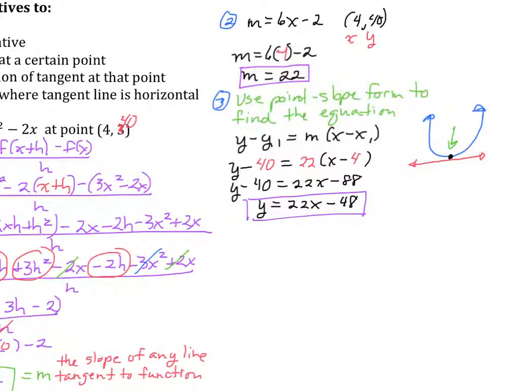So for part 4, we're going to take that general equation, m equals 6x minus 2. We're going to replace the slope with 0. Horizontal lines have a 0 slope. And we're going to solve for x. So add your 2.